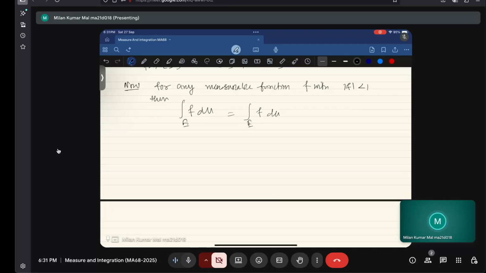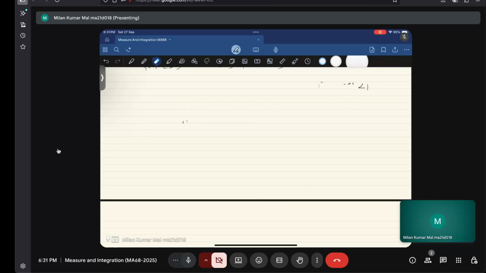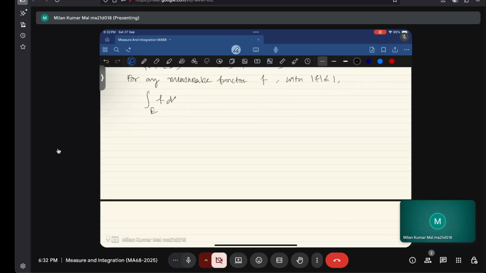Okay, sorry, we don't need to do all these things. So the measure mu is finite, so we will be using that one. What it says: for any measurable function f with mod of f less than or equal to 1, the integral over E of f d mu is less than or equal to the integral over E of mod of f d mod of mu.